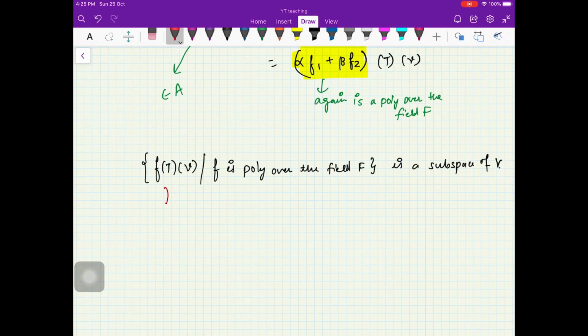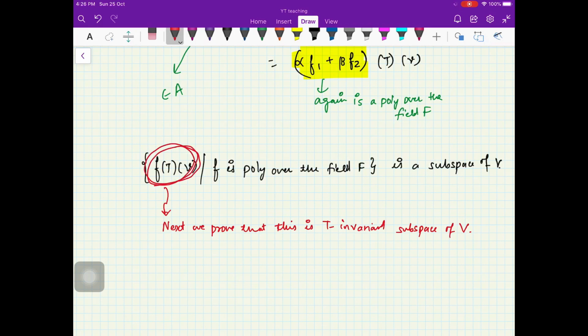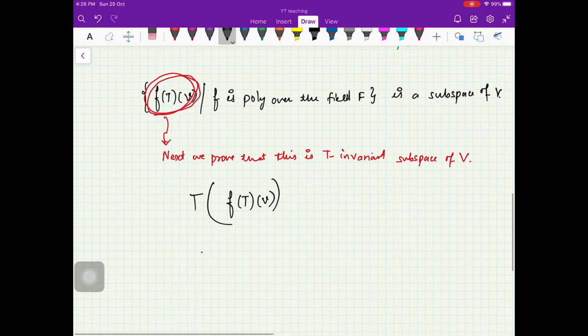Next we prove that this is a T invariant subspace of V. What do we mean by T invariant? It means that if you apply T on any element of this space, you get an element of the space again. So take any element of the set, which looks like f(T)v, and apply T on it.